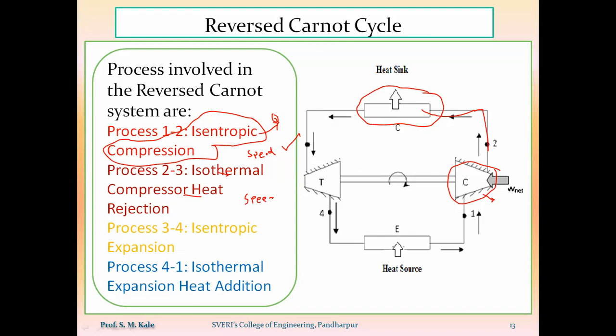Very low means that whatever amount of heat is being added because of compression, the same amount of heat is rejected, and then only is it possible to have that isothermal compression heat rejection process. That means the speed of this process is very low, whereas for the isentropic compression process, the speed is extremely high.